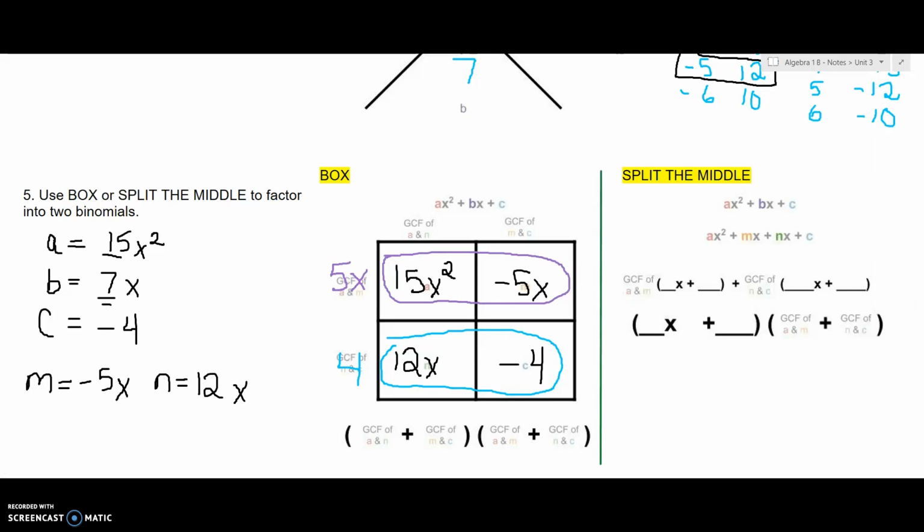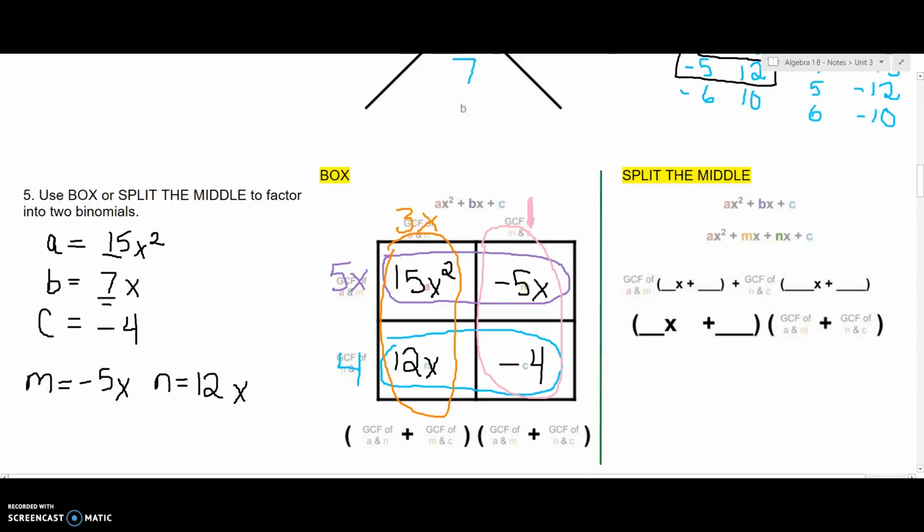And then I'm going to start looking at my columns. So I'm going to look at this column, and I'm going to pull out what is alike. I can take a 3x out of both of those. And then lastly, I'm going to look at this column, and I can't take anything out bigger than a 1, so this just becomes a 1.